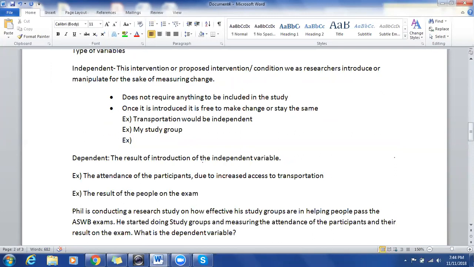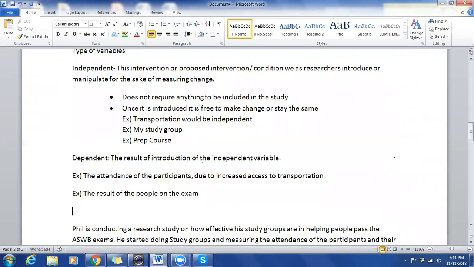So in this example, the independent variable would be the prep course, because it's the thing that I'm utilizing to try and make change about the situation. And with that, the dependent variable, which is the thing that is dependent on whatever I do. Let's say I produce a prep course that was super extensive and no one made sense of it. The example of the dependent variable would be the result on the exam or increase of score.